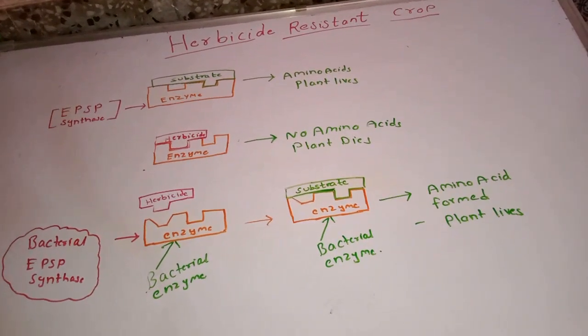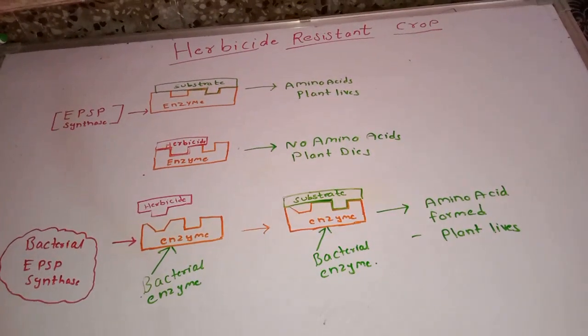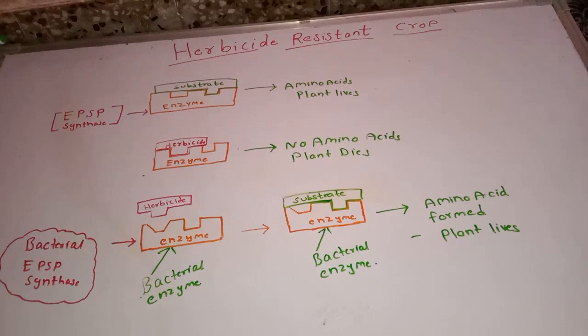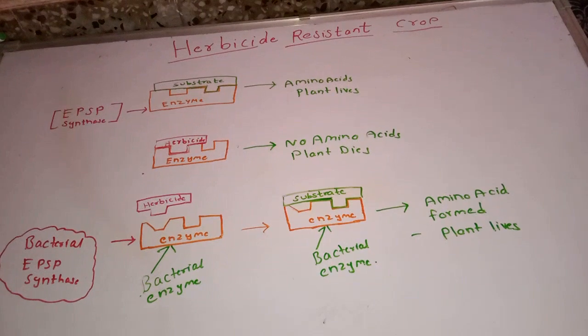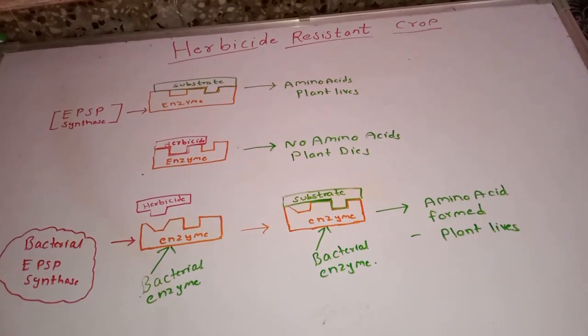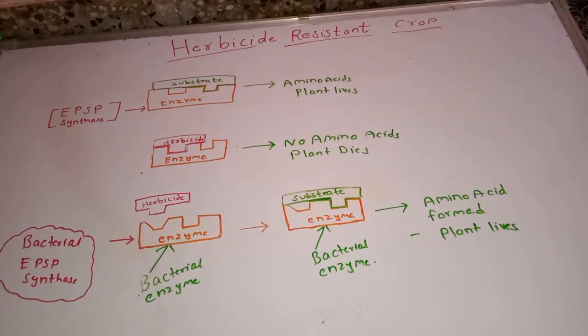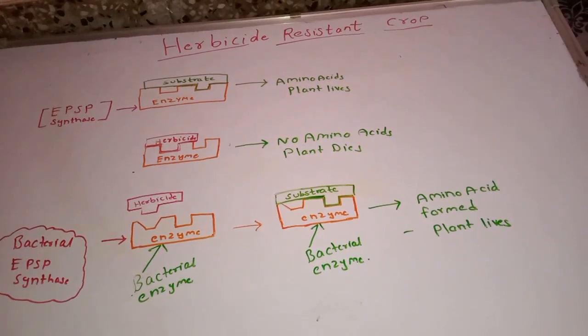the bacterial enzyme takes over. As you can see, the bacterial EPSP synthase has a different site. The herbicide cannot attach itself to that site, but the substrate can attach easily. This is how herbicide-resistant crops are formed. The bacterial enzyme does not have a site for the herbicide to attach, but it has a site for attachment of the substrate. After introducing bacterial EPSP synthase, essential amino acids are formed and the plant lives.